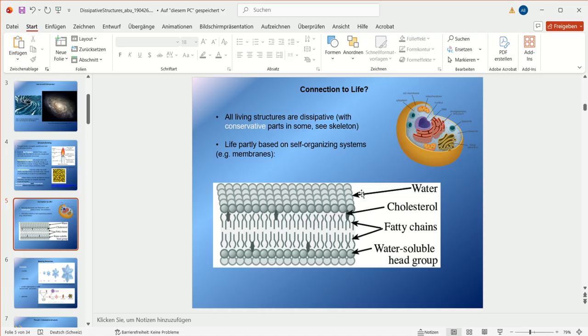For example, if you look at our bodies, each cell is a dissipative structure, but we have a skeleton which is a conservative part. And this has to do with us being multi-celled. That makes everything much more complicated. And we will probably talk about multi-cell life in a later video.